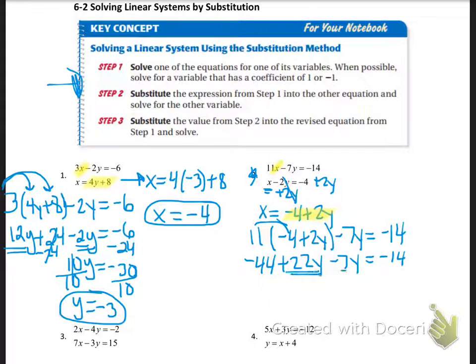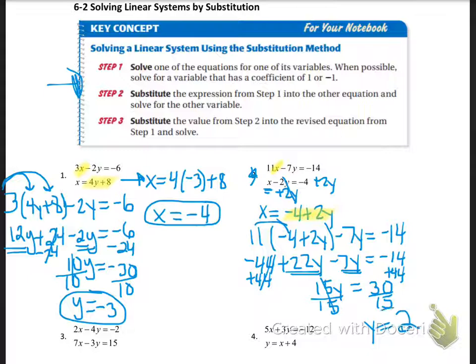All right, so combine our y's. 22y minus 7y is 15y. Okay, and then I'm going to move the 44 over to the other side by adding it to get rid of it. So -14 plus 44 is 30. y still isn't alone yet. I need to divide now by 15. So y equals 2.